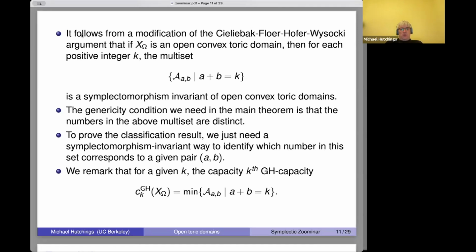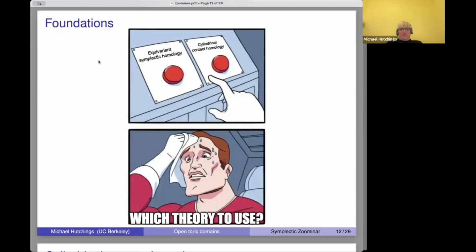All right, so what about the foundations of this theory? There are two basic packages we can use. We could either use equivariant symplectic homology or cylindrical contact homology.